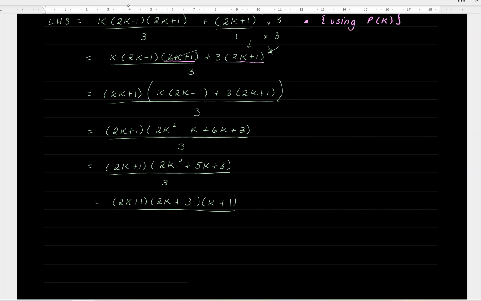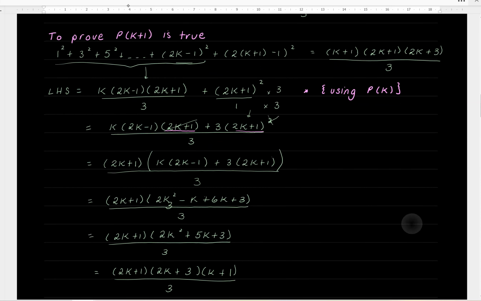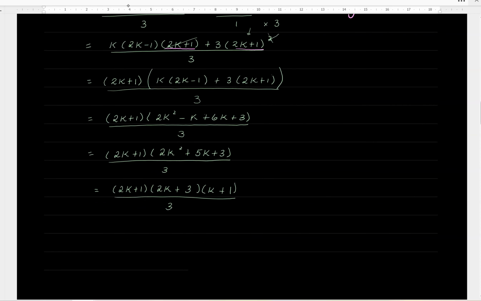I was just about to write right-hand side down there. So compare the pair, got the K plus 1, check, I've got the 2K plus 1, check, I've got the 2K plus 3, check. And I'm dividing by 3, so this does indeed look like the right-hand side.